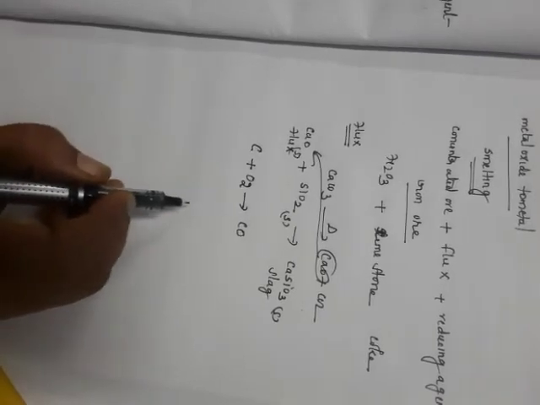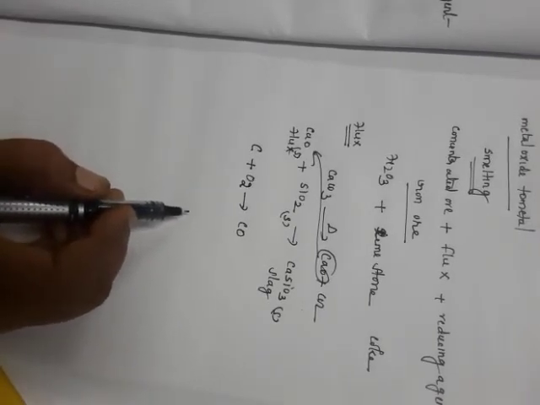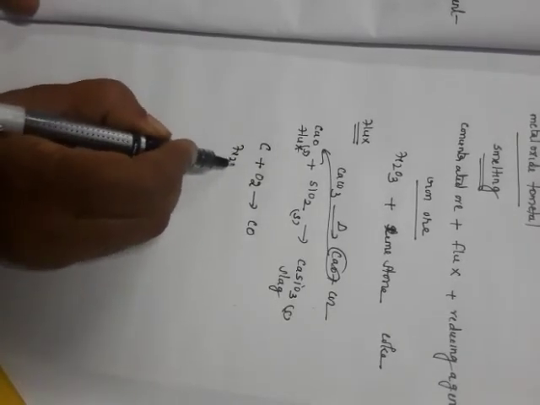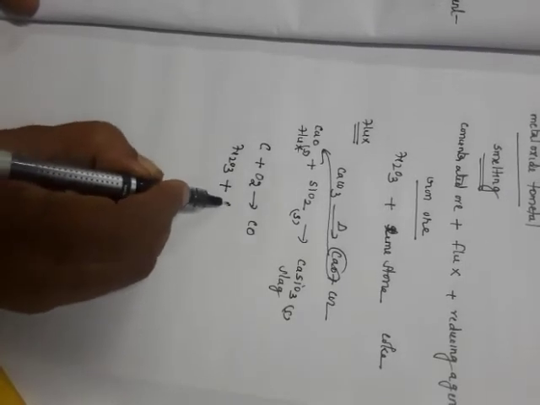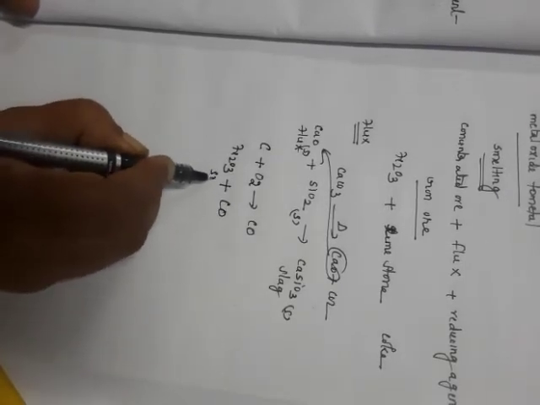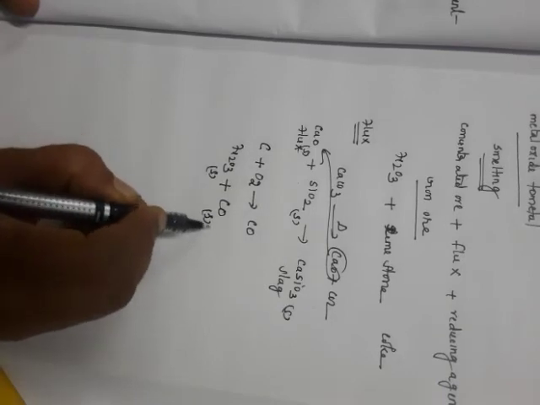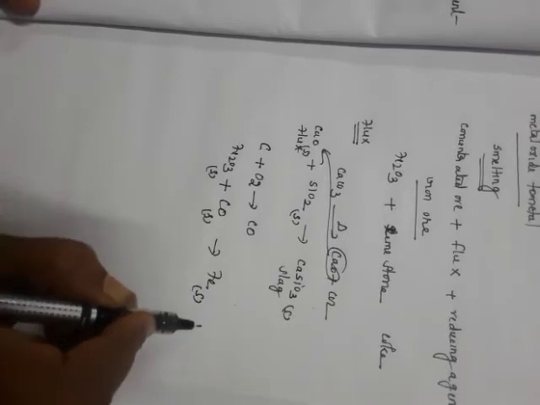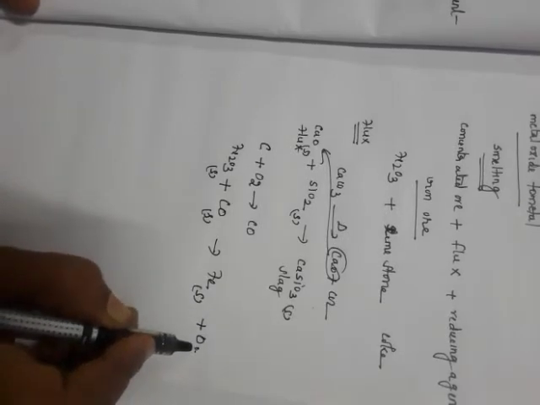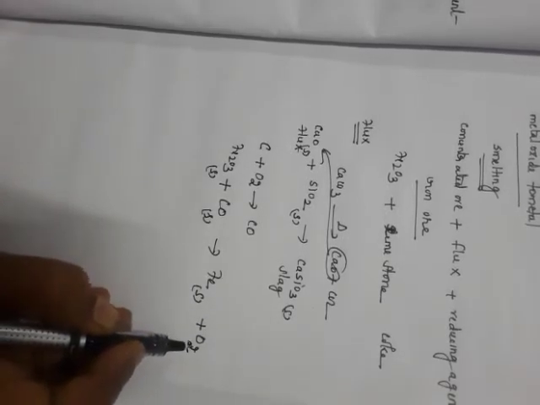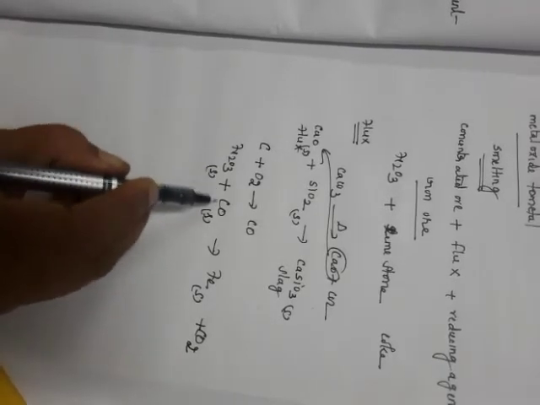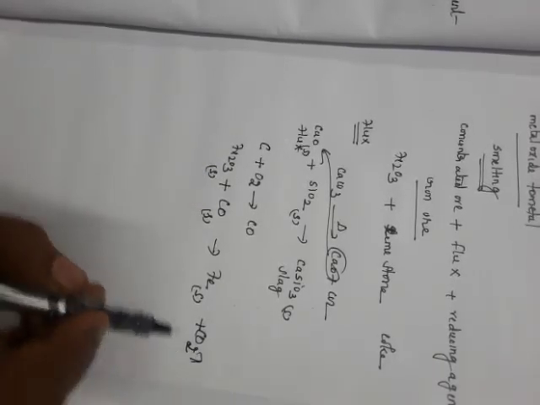This carbon monoxide is used as a reducing agent for reducing iron oxide, that is hematite, Fe2O3, with the reducing agent CO. This is in solid state, CO is in gaseous state, forming Fe, the metal, in solid state, and carbon dioxide, CO2, is expelled out.